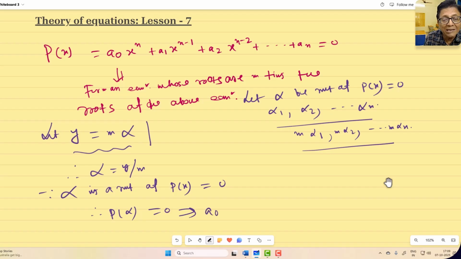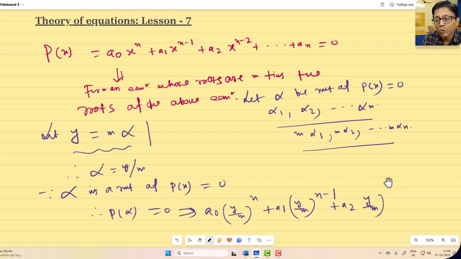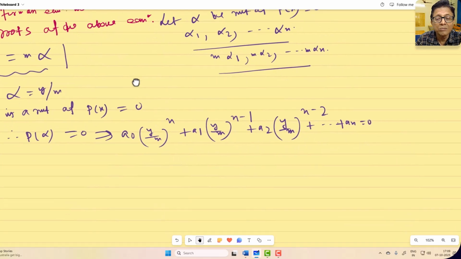This implies a0 (y by m) to the power n plus a1 (y by m) to the power n minus 1 plus a2 (y by m) to the power n minus 2, this way plus an equal to 0.